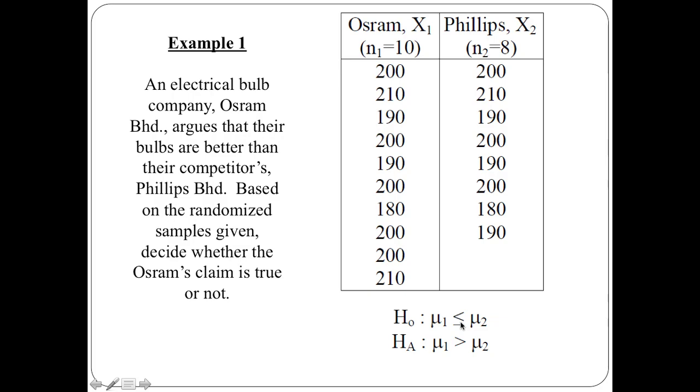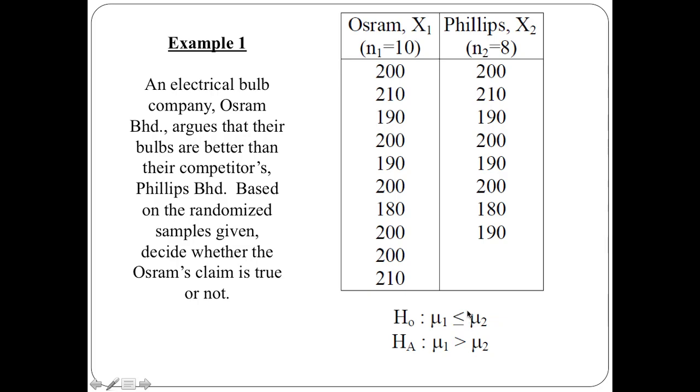In this case, because it is a one-tail test, there is a direction. What is the direction? They are better. So the alternative hypothesis is that the mean of Osram readings will be larger than Philips. Larger means that it is better.